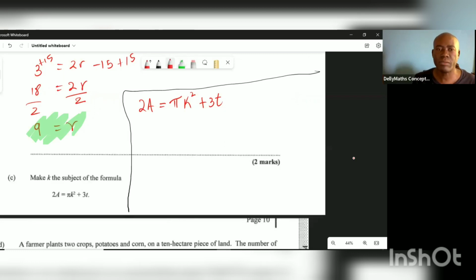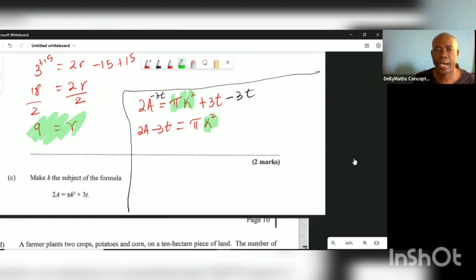So I'm going to leave the subject and anything directly attached to it for last. I'm going to leave these for last. So it means that I'm going to subtract 3t from both sides, right? So if I rewrite this, I'm definitely going to have 2a minus 3t, and this is equal to pi k squared. Now, at this time, I'm going to be leaving the k squared for last.